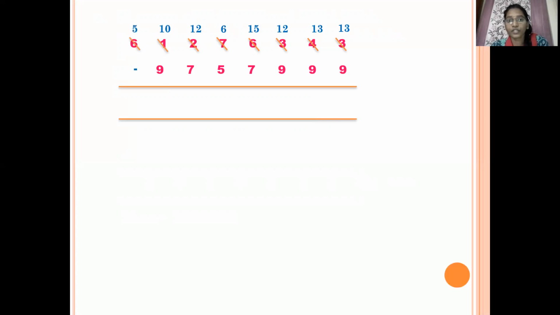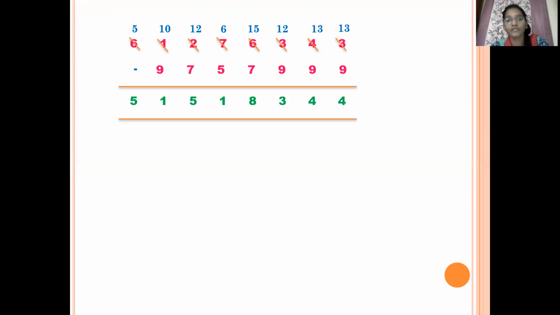When you regroup the numbers, you get the values for each place. So 13 is in the ones place. 13 minus 9 is 4. Similarly, 13 minus 9 in the tens place gives you 4. 12 minus 9, which is in the hundreds place, gives the difference as 3. 15 minus 7 is 8. 6 minus 5 is 1. 12 minus 7 is 5. 10 minus 9 is 1.